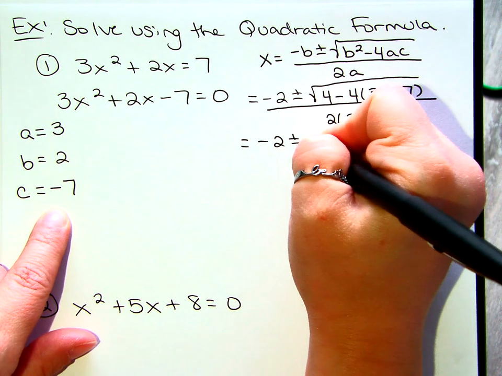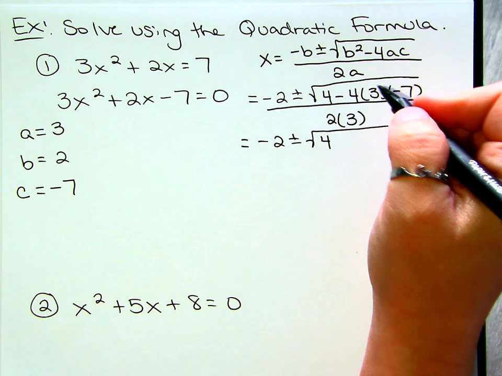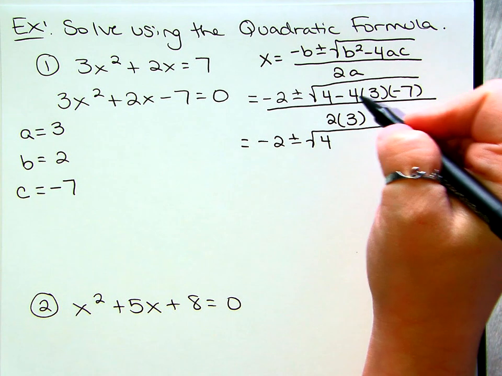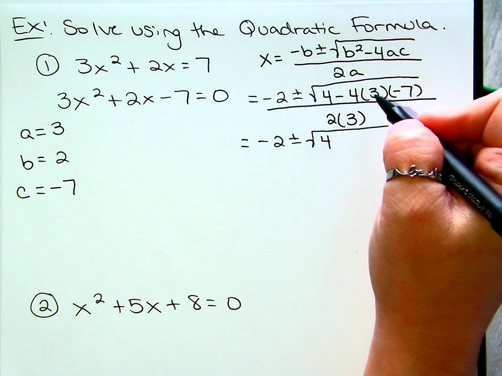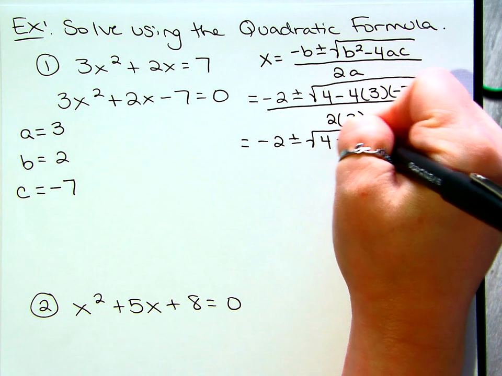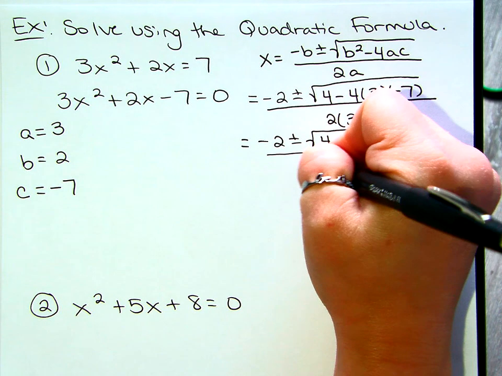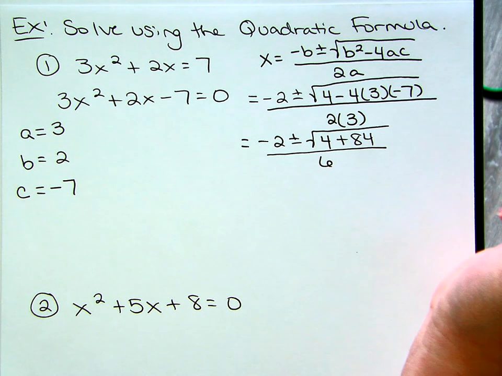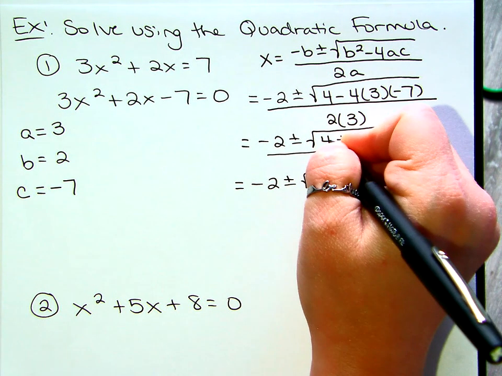Now here, this is something you could use your calculator for if you really wanted to. You'd have negative 4 times 3, which is negative 12. Negative 12 times a negative 7 will give you a positive 84, all over 6. It's negative 2 plus or minus square root of 4 plus 84, which is 88, all over 6.